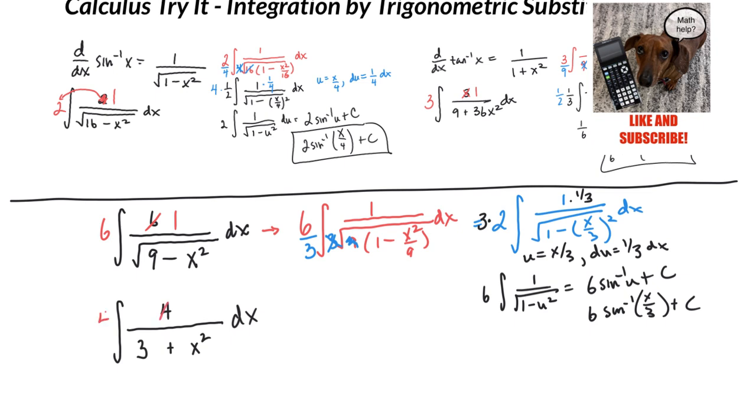Pull the 4 out front. Factor a 3 out. Pull that 3 out as well. Now this is not going to be quite as clean, and I did that on purpose.